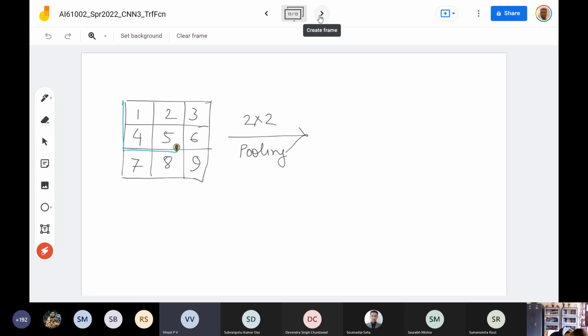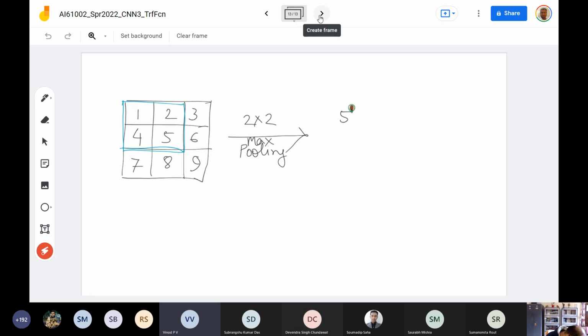Then I take this particular location first and I'm doing 2 cross 2 max pooling. So what will be my resultant? What is the maximum value within this span? 5, sir. 5. This is 5.